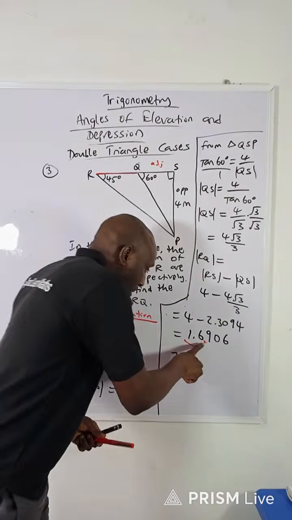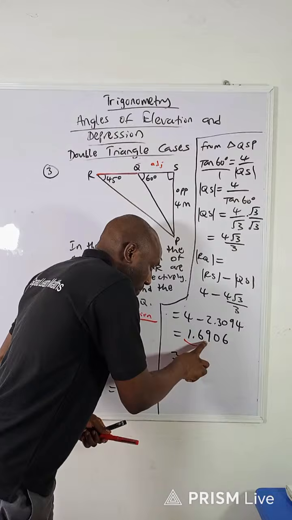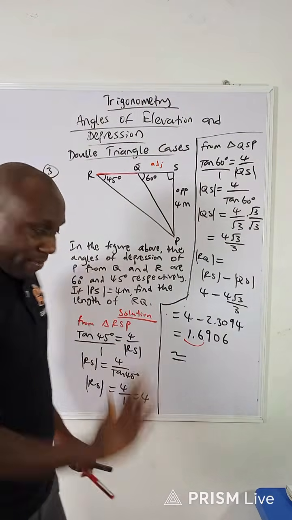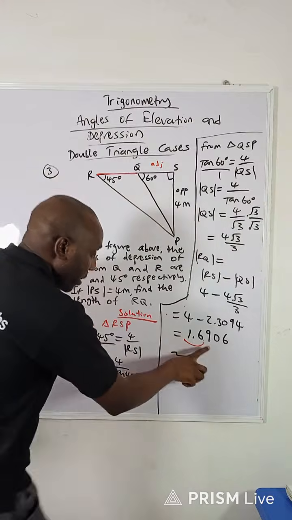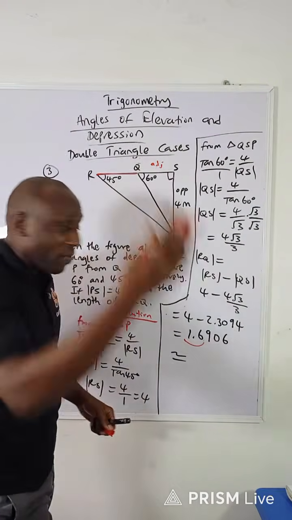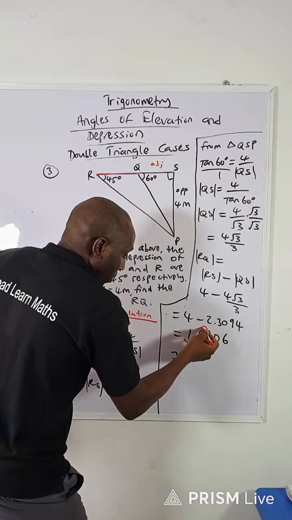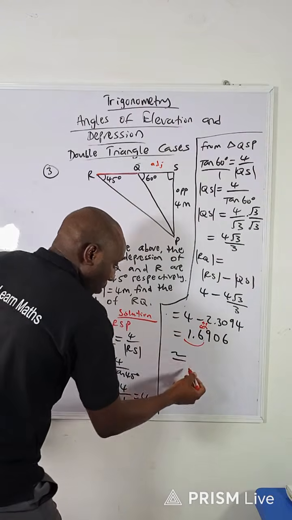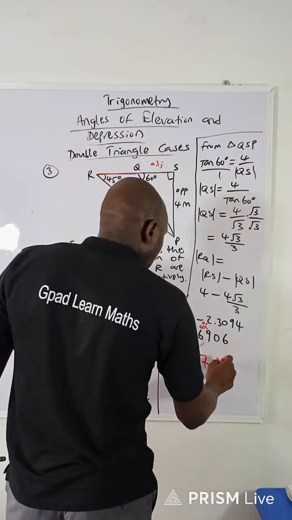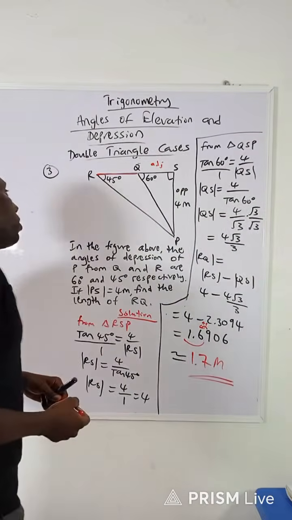But after this 6, you have what? I'm just trying to extend it to show you. This is 9. We take 1 from 9 because if it is 5 or above, you have to round up. So we're adding 1 to 6, which will be what? 1.7. So 1.7 meters is going to be the distance from R to Q.